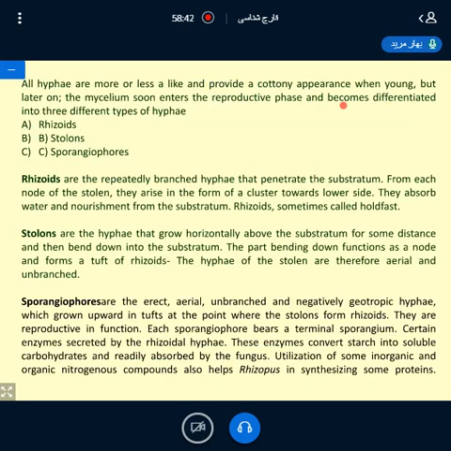All hyphae are more or less alike and provide a cottony appearance when young, but later on the mycelium soon enters the reproductive phase and becomes differentiated into three different types of hypha: rhizoids, that look like the roots of plants, stolons, that look like a stem, and sporangiophores.